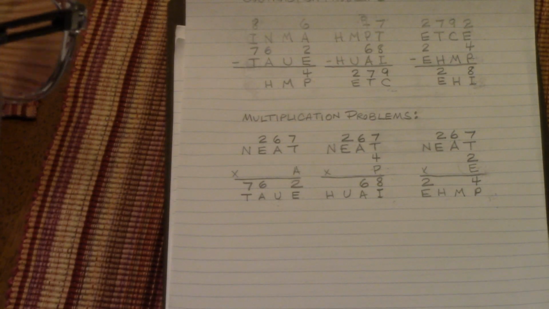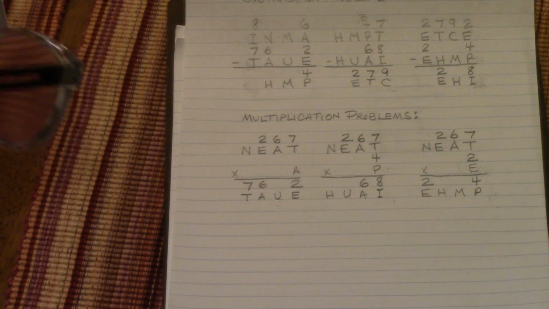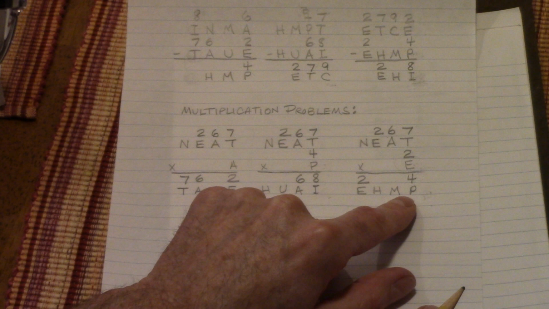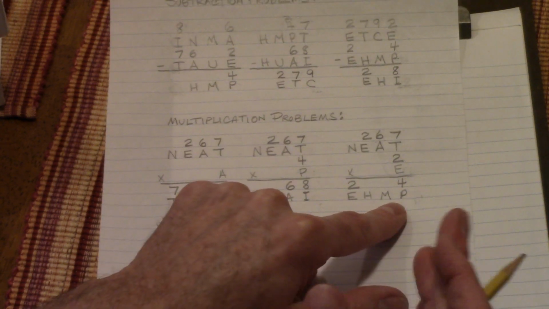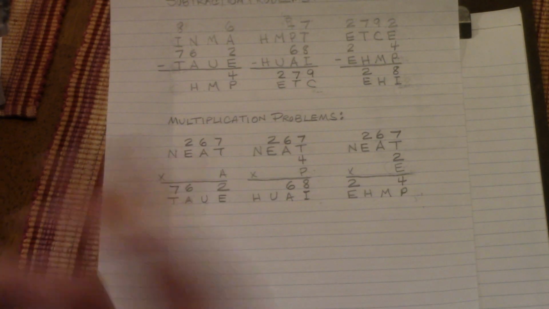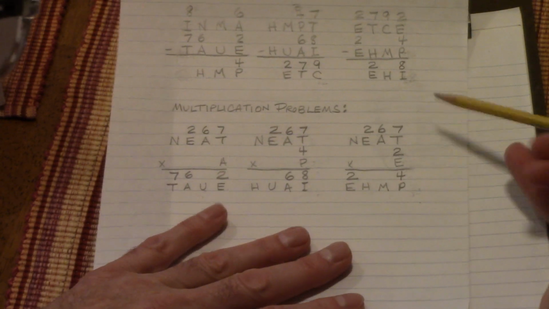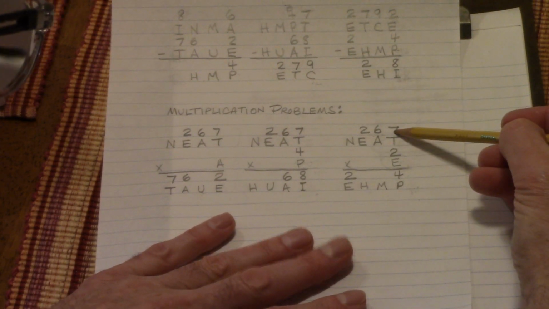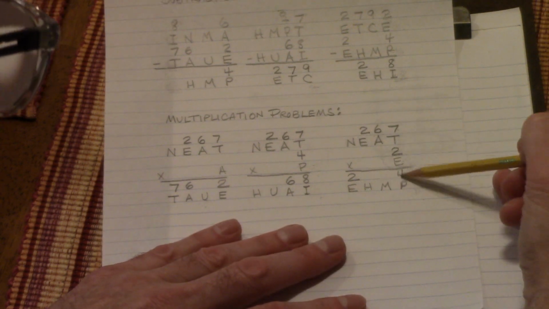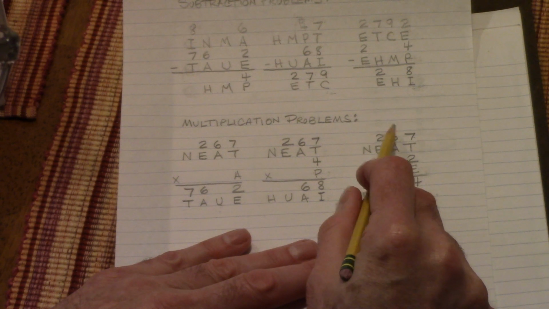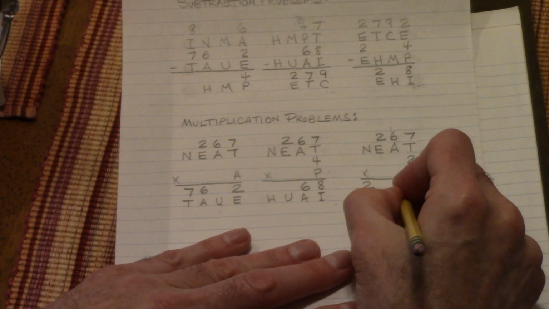We've got all kinds of possibilities here now. Let's go back down to this third multiplication problem. At this point, you can kind of jump around wherever you see places to start filling things in. We've got 7. 2 times 7 is 14. We carried the 1. 2 times 6 is 12 plus the 1 is going to make this 13.